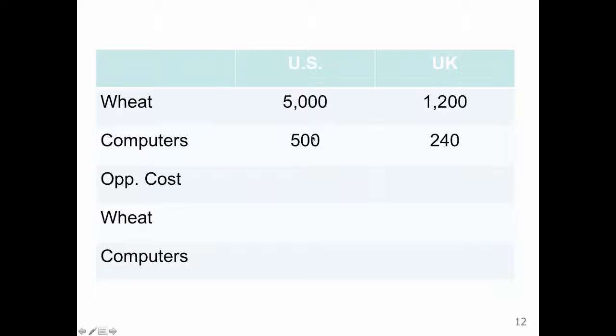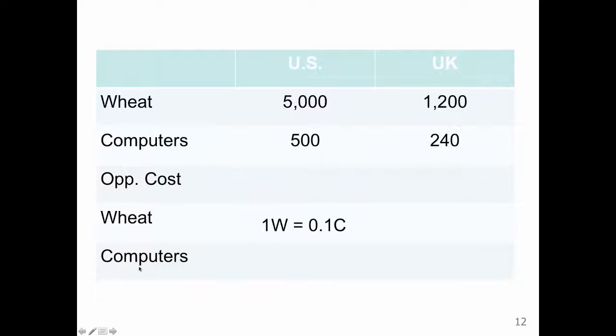So 500 divided by 5,000 is 0.1. So for 1 ton of wheat, the opportunity cost is every time you make 1 ton of wheat, you're giving up 1/10 of a computer. That's the slope of the line moving from computers to wheat.